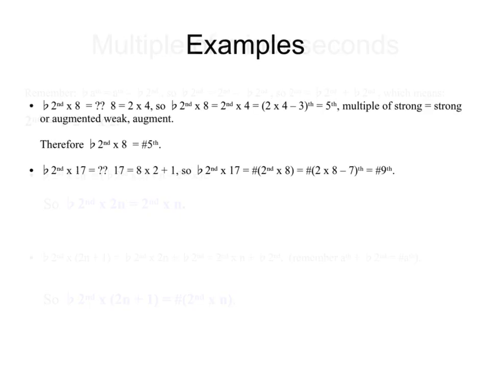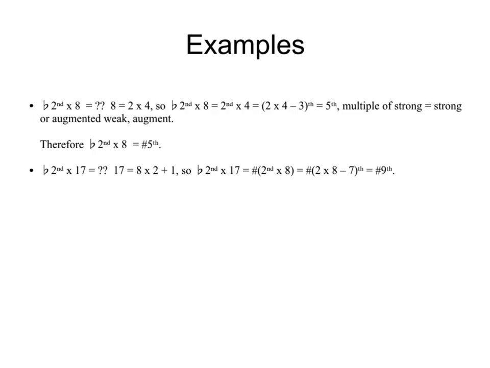So, that's a bunch of talk. When we go through examples, it's much clearer. What is a minor second times 8? We write 8 as 2 times 4, so n is 4. So a minor second times 8 is equal to a major second times 4, and we just use the rule we had for when we don't care about chromaticism.